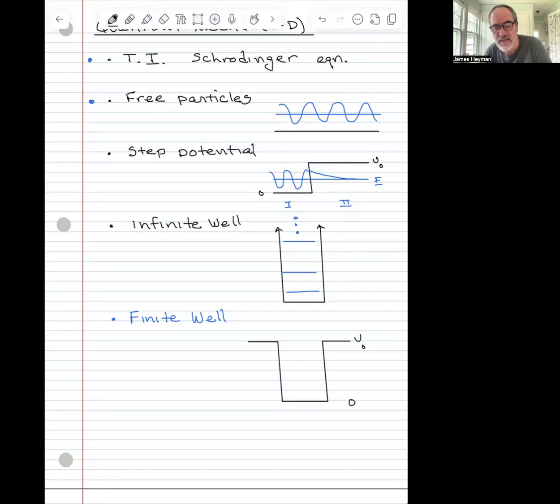Our job is to find the energy states and the form of the wave function for the bound states of this potential. As I said, this problem is going to be harder than the ones that we've done already, but it's still going to be very interesting, and the techniques that we learn will be important. Let's stop this introductory video, and then we'll get started on the main deal.